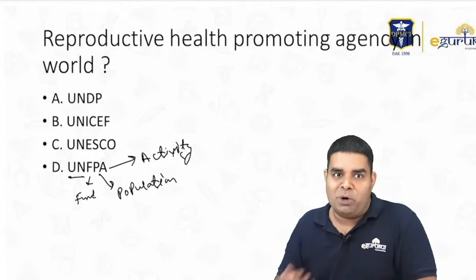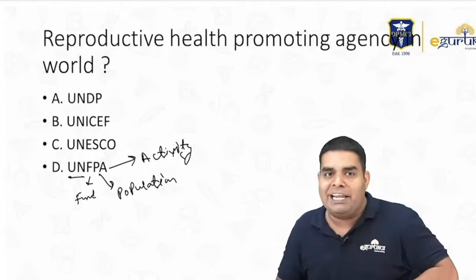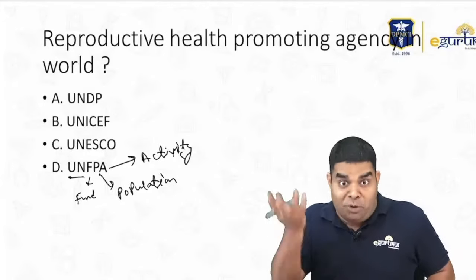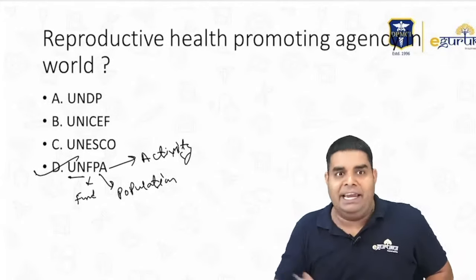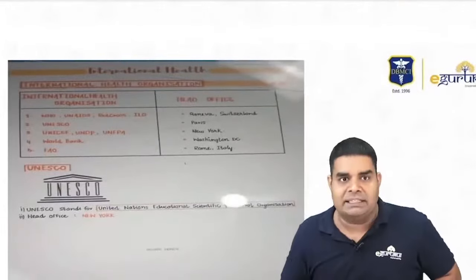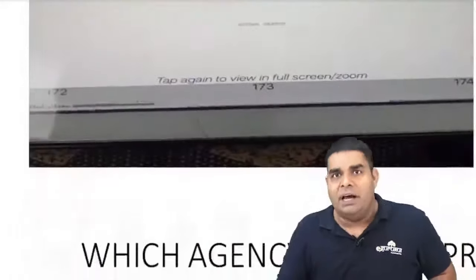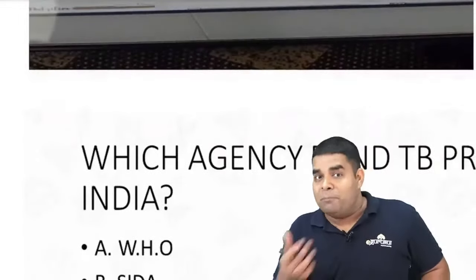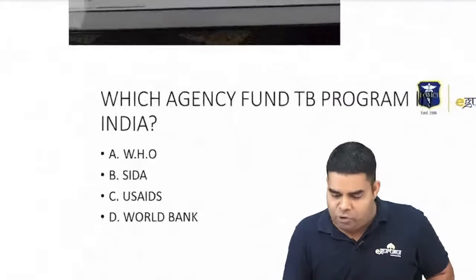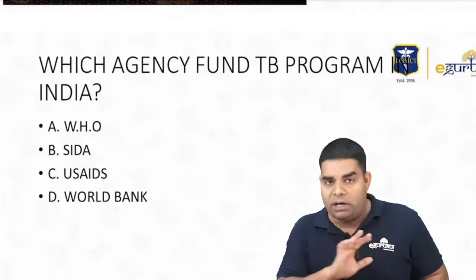So the health promoting agency which is promoting reproductive health is UNFPA. And of course we can discuss in the class as well about UNFPA, which is giving funds for reproductive health.